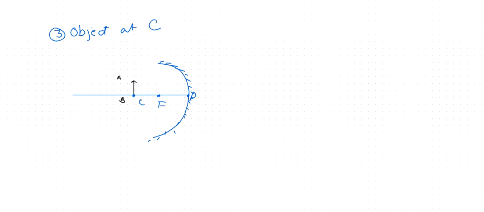Now we have to consider 2 incident rays so that we get 2 reflected rays. My first incident ray would be the one parallel to the principal axis. Like I told you before, in most of the cases, that's what we do. We take the first incident ray as the one parallel to the principal axis. So I'm doing that.